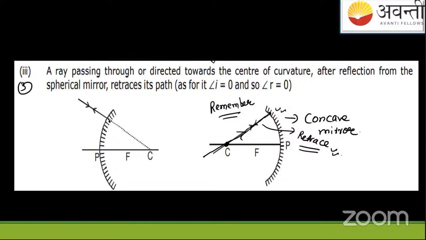Okay. The next point: based on this same concept, if a ray appears to pass through the center of curvature, it will appear to retrace its path in the convex mirror case.